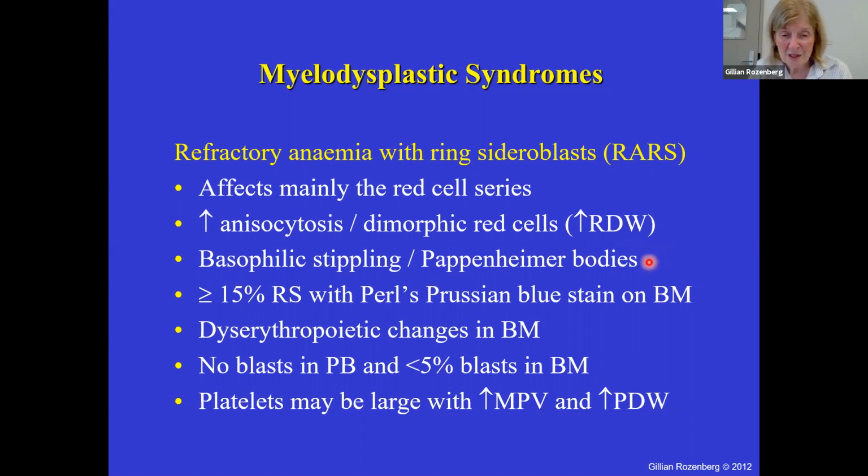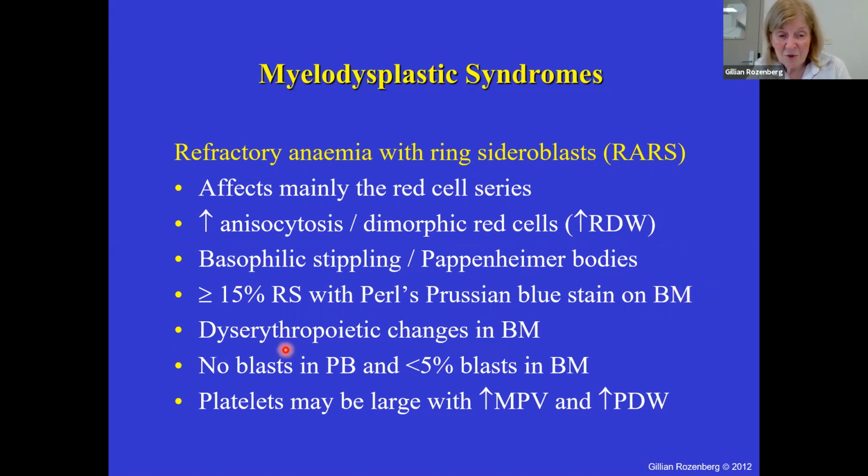Now I mentioned Pappenheimer bodies as the most classic feature, but you can actually see other features as well, which are not quite as common. So basophilic stippling, and approximately 15% ring sideroblasts with the Perls Prussian blue stain, and that's seen on the bone marrow.